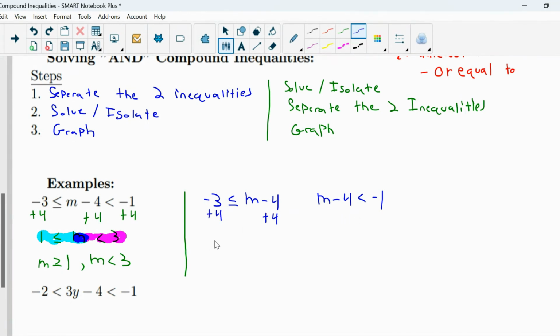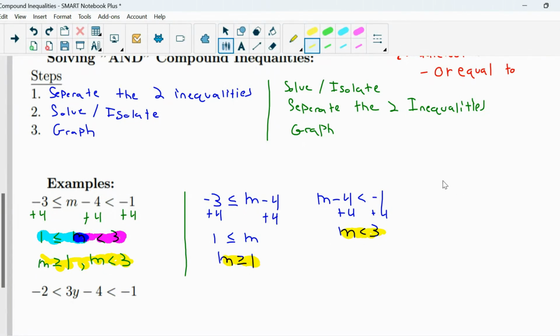That will give you 1 is less than or equal to m, which can be written in the same form as what we originally had. And then we can solve our other inequality the exact same way. m is less than a positive 3. So as you can see, no matter which way we go about solving these, ultimately, we will arrive at the same solution.